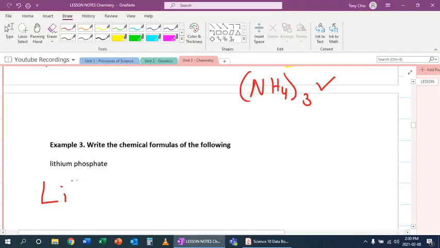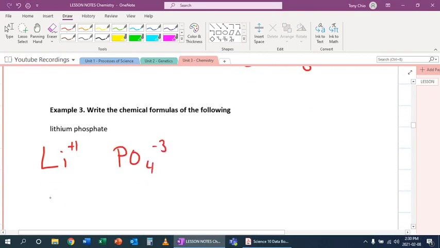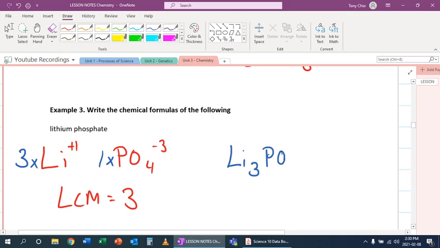So here we've got to find the LCM of 3 and 1, which is 3. So what do I have? I need 3 lithiums, but only 1 phosphate. Because I only have 1 phosphate, I do not need parentheses. So I write this now as Li3PO4.